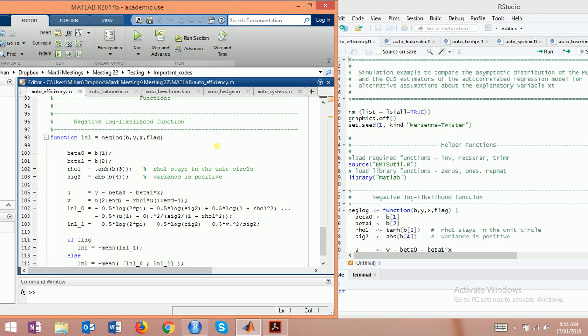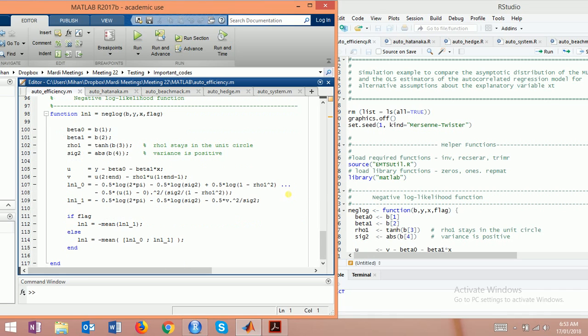First we see if we need to create any local function. So we have beta, y, x and a flag. Either we raise the flag or we don't. Beta naught is b1, beta 1 is b2.